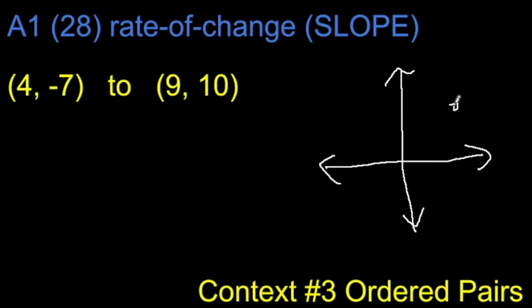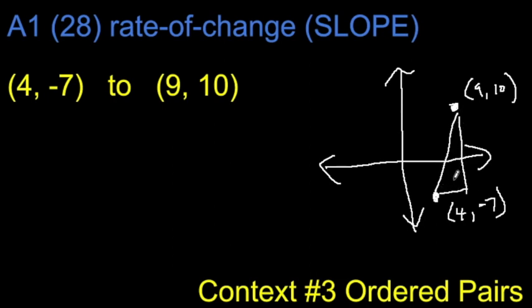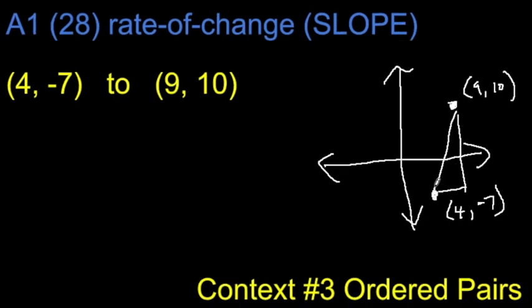Nine, 10, somewhere up here. 4, -7, somewhere down here. The distance from 4 to 9 is 5.